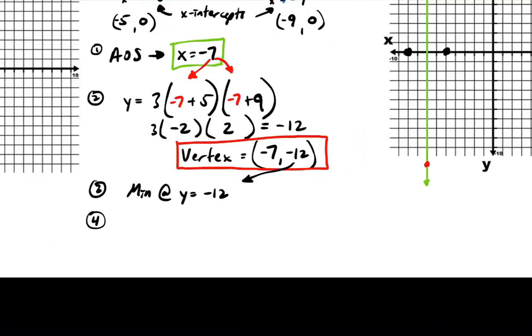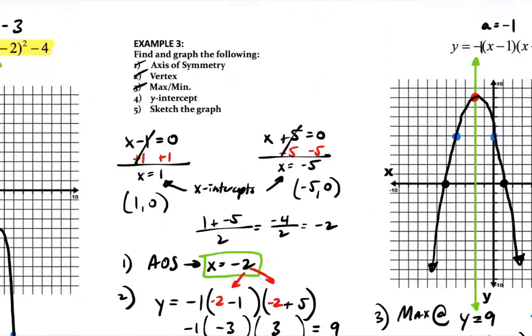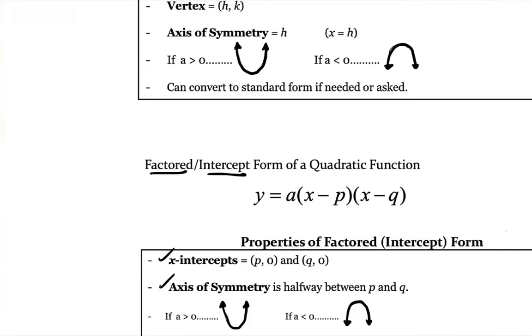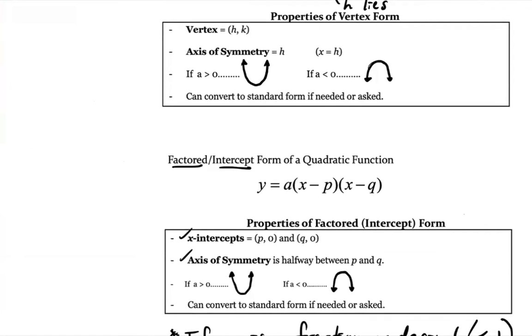So how do we know if it's a minimum or maximum? Good question. The easiest way to tell is to look at A. If A is a positive number, the arrows are always going up, so it's going to be a minimum. It's going to have a bottom, right? There is no top. The arrows go up forever. If it's going to have a maximum, A is going to be negative.